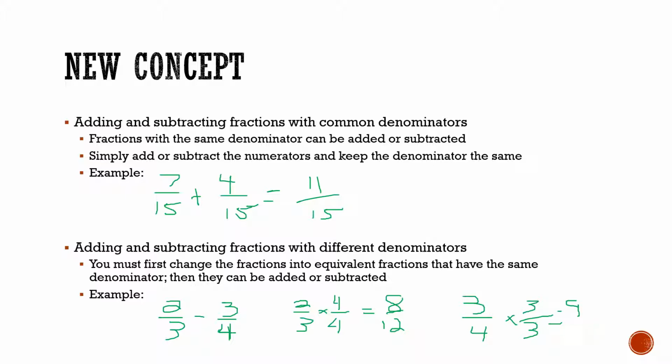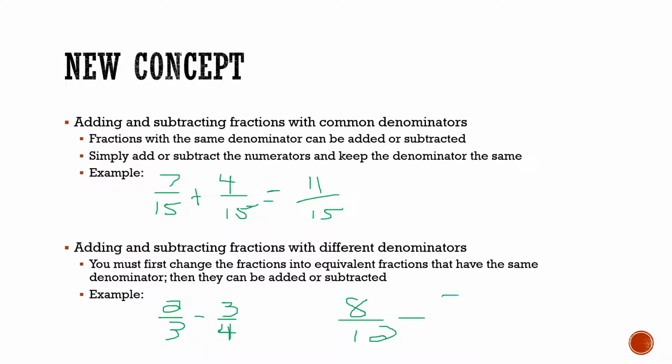So remember, I had 2/3 minus 3/4, so we're actually going to have a negative answer here, which is fine. That was 8/12 for 2/3 and 9/12 for 3/4, and now I just keep the same denominator. 8 minus 9 is -1, so that'd be -1/12.